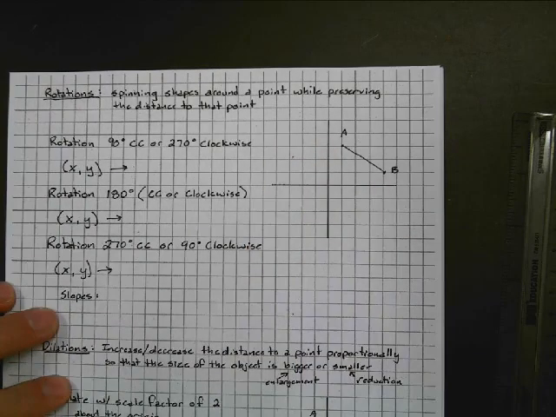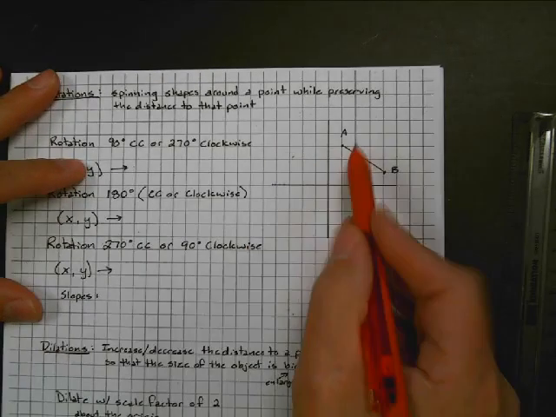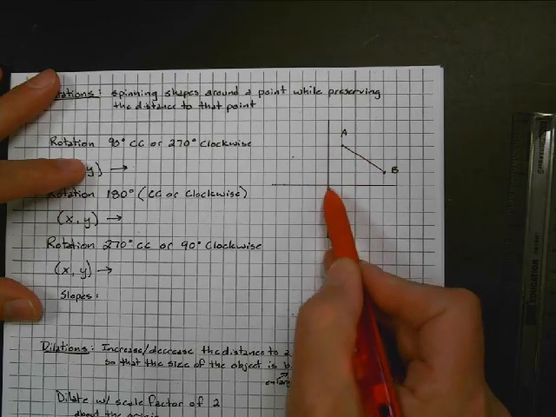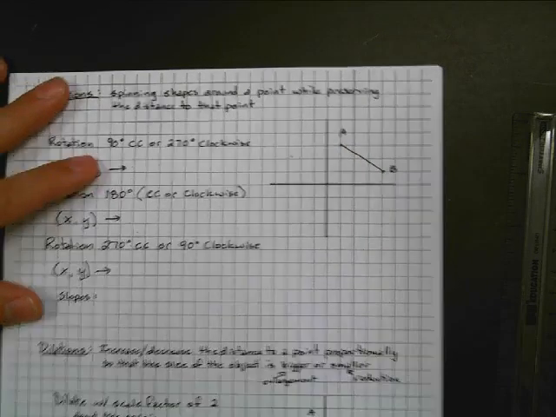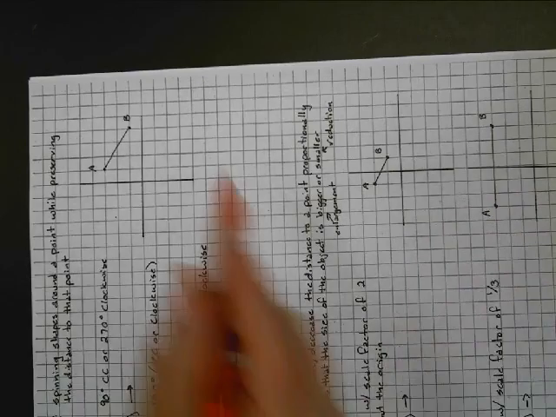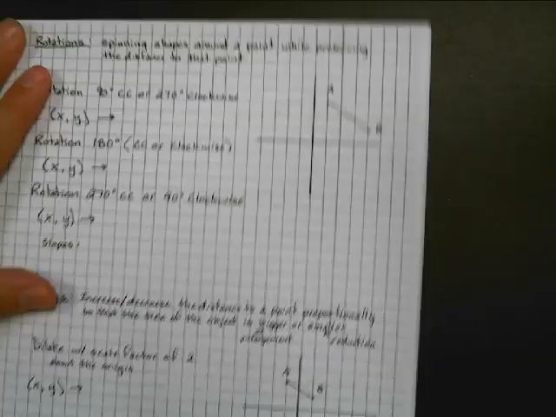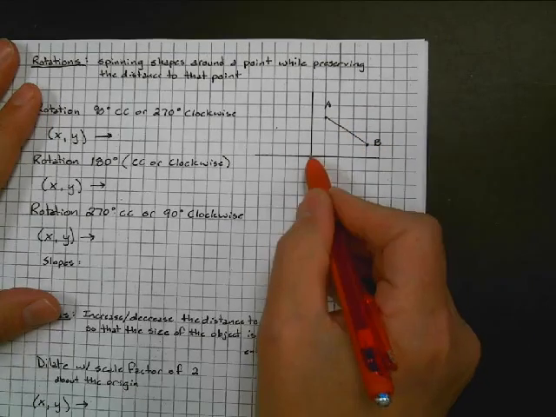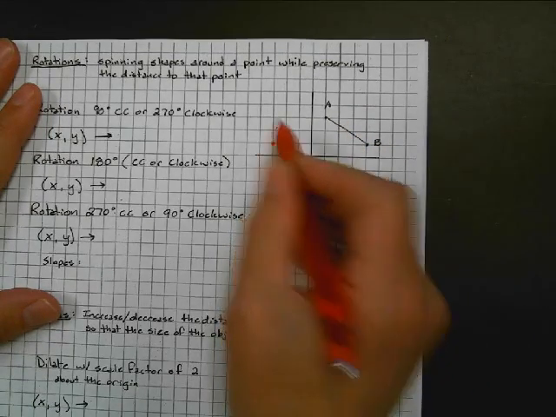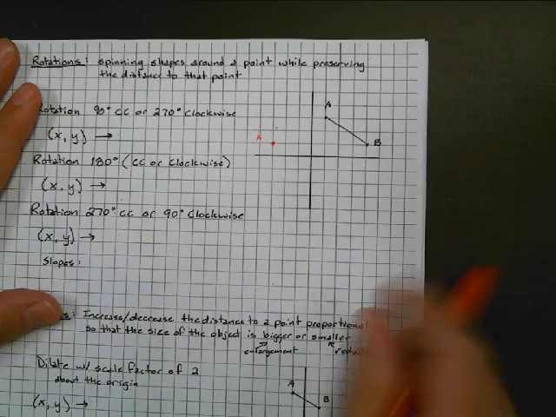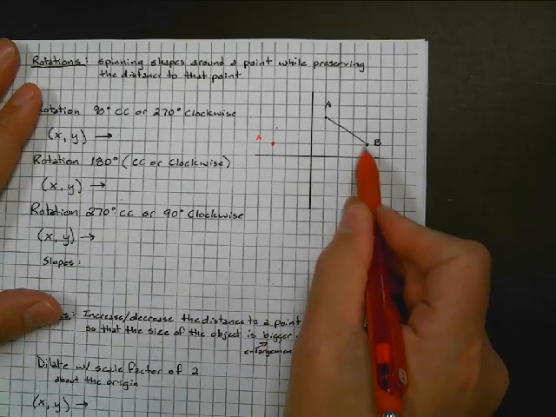Now if I actually spin my paper, I can find out where it's supposed to be. Look at A. A is at 1, 3. Spin my paper. Now A is at -3, 1. So with a 90-degree rotation, A would be at -3, +1. There's where A should show up. B is at 4, 1.